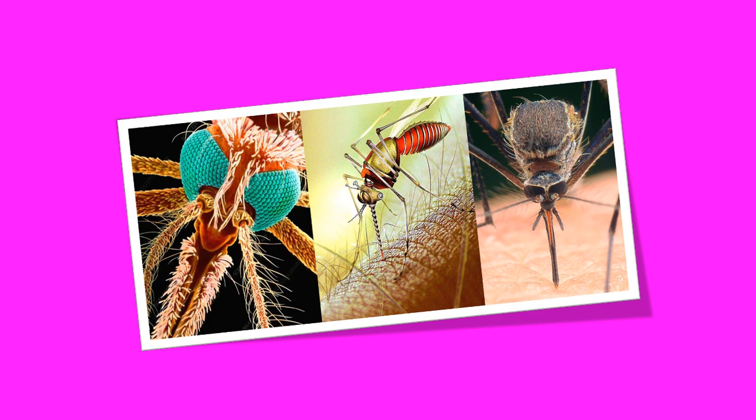Enzyme-linked immunosorbent assay, or ELISA, is a technique used to detect the presence of specific antibodies or antigens in arthropods. It helps identify diseases like dengue or malaria.